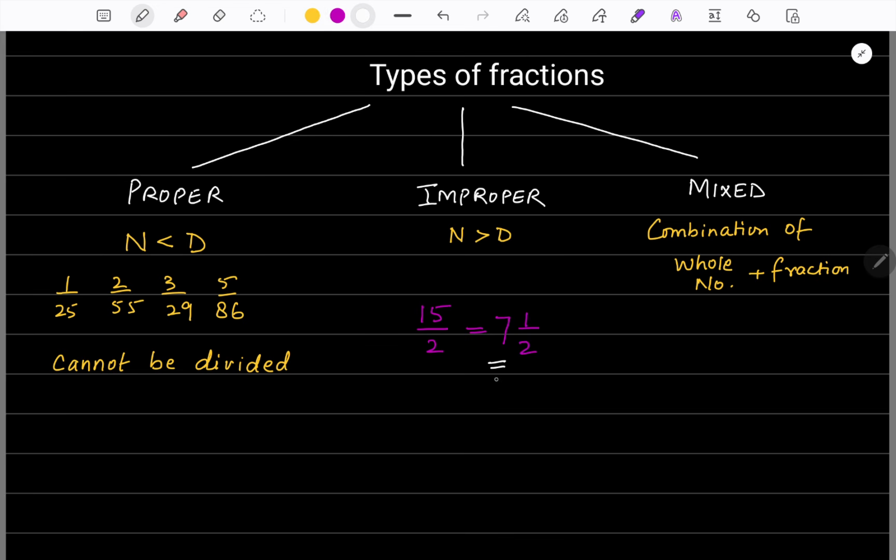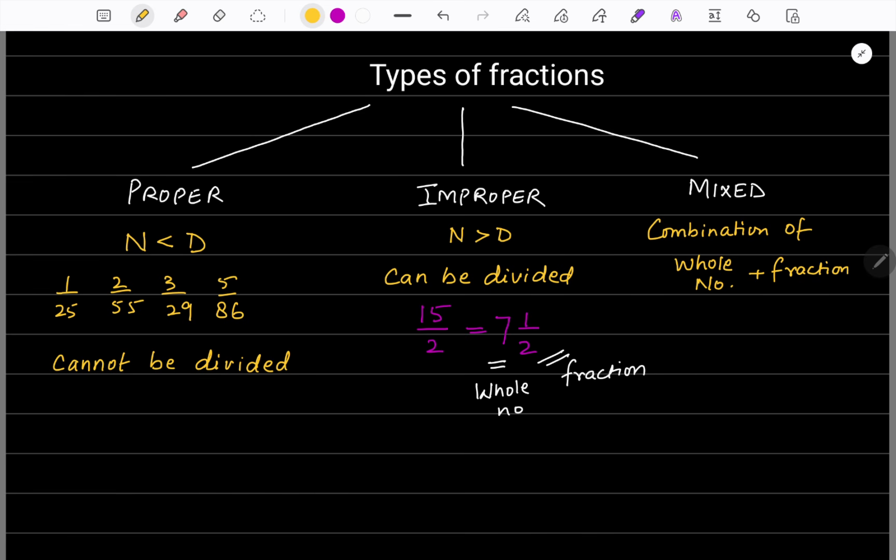So here 7 is a whole number and half here is a fraction. And in this fraction, the numerator is less than its denominator. So we can say that improper fraction is actually not a real fraction, since it can be divided further.